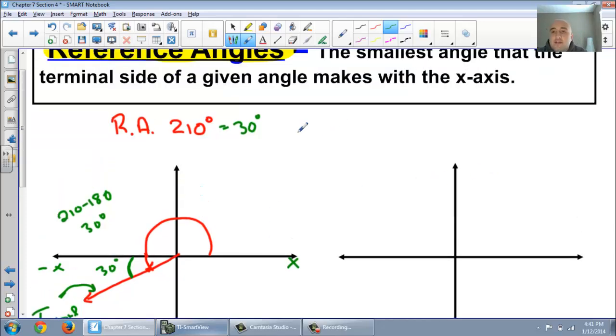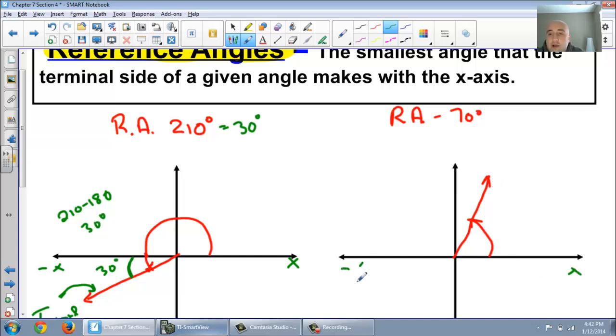All right, so now let's find the reference angle of, let me just make one up here, 70 degrees. Okay, so I'm going to draw 70 degrees first. It's kind of ugly, but that's all right. The reference angle is the distance from the terminal side, which is that last line, to the nearest x-axis.